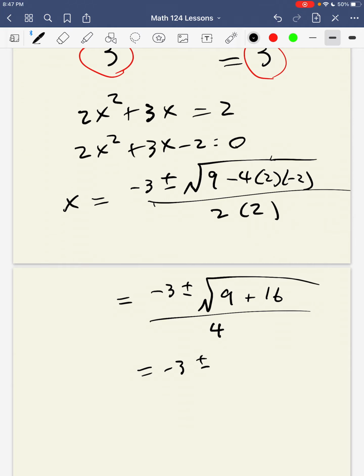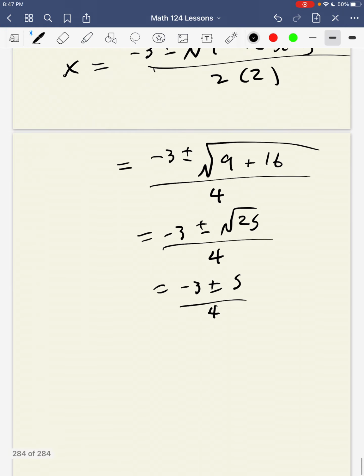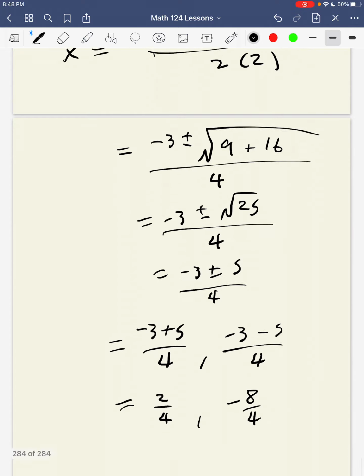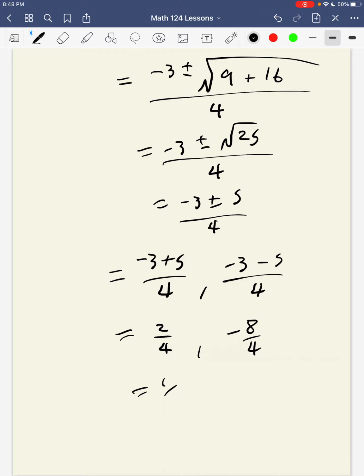Negative 3 plus or minus the square root of 25 over 4. Negative 3 plus or minus 5 over 4. So negative 3 plus 5 over 4, or negative 3 minus 5 over 4. 2 over 4, or negative 8 over 4. So 1/2, or negative 2.